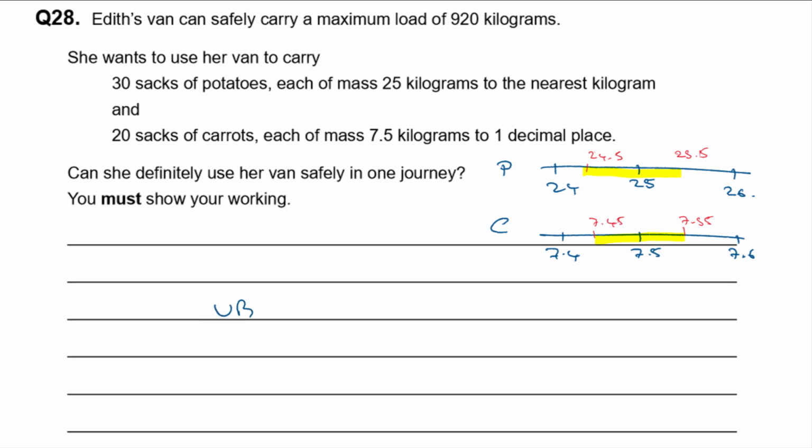So the upper bound is going to be equal to 30 sacks of potato, 30 lots of the upper bound of P, 25.5, plus 30 sacks of carrots, and again we're going to use the upper bound here, 7.55, aren't we? Worst case scenario. Okay, so the worst case scenario here is they're all at the heavy end of their range.